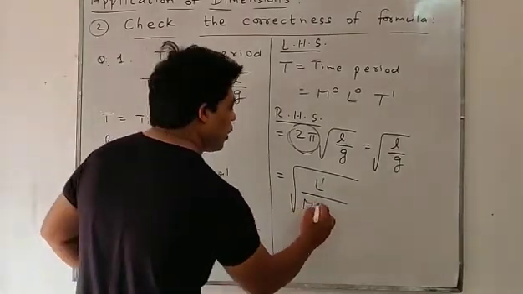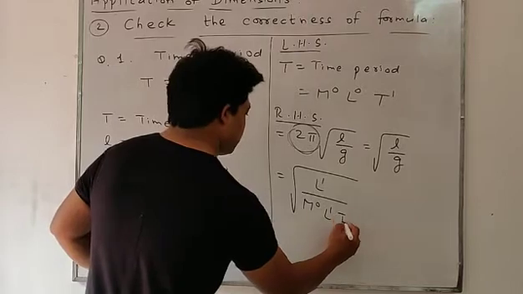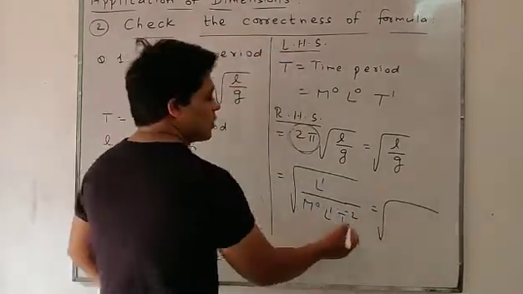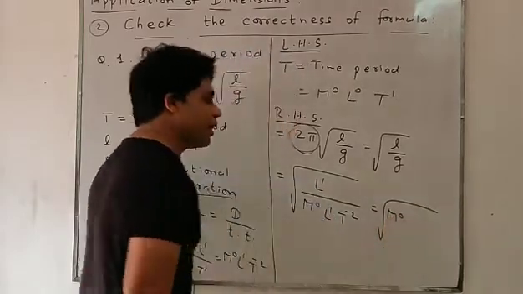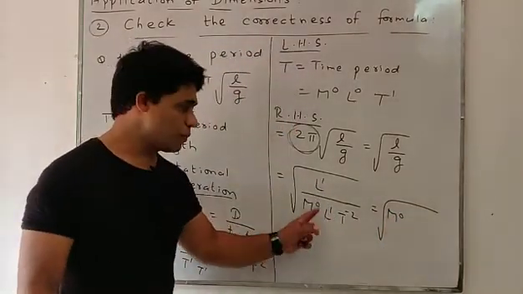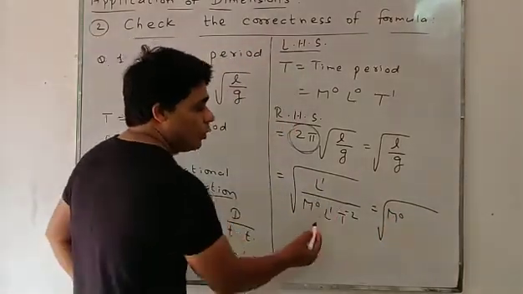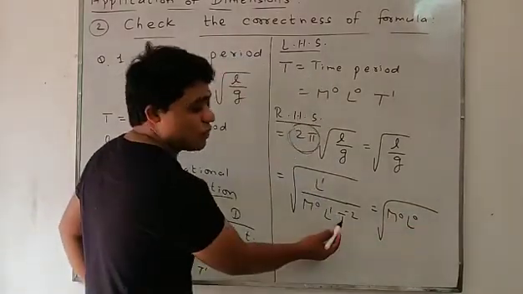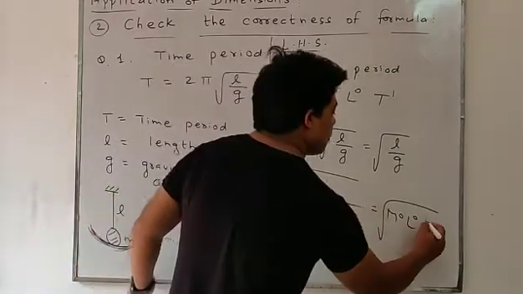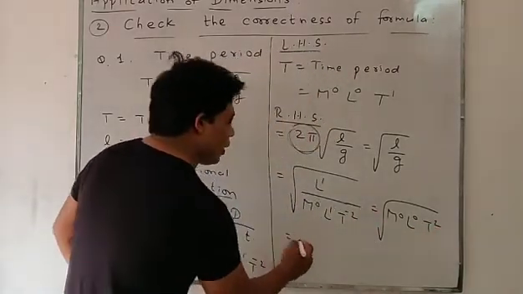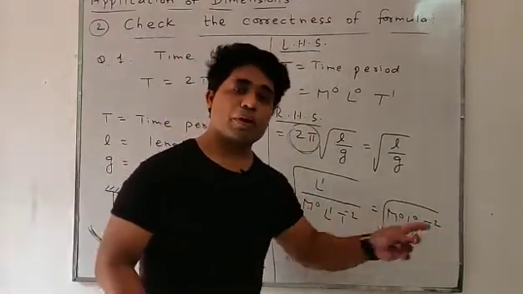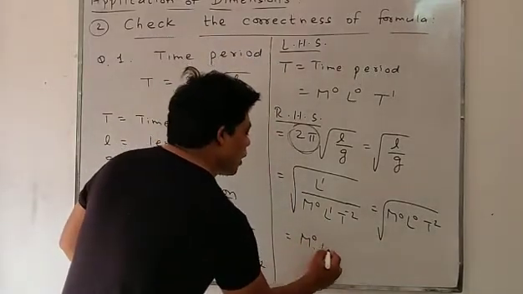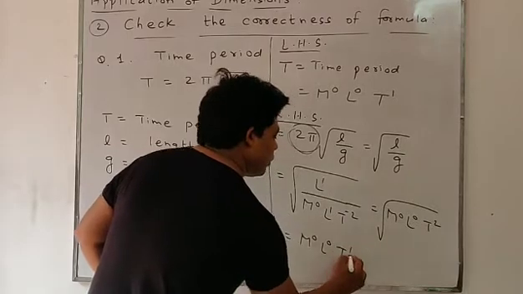So we'll put M0 L1 T minus 2. Look students, there will be no effect on mass. Mass remains M0, whether upwards or downwards. L1 and L1 cancel out, L0. T minus 2 transferred upwards becomes T plus 2, and we'll take the square root. In square root, the power becomes half. M0 no effect, L0 no effect, T2 becomes T1.